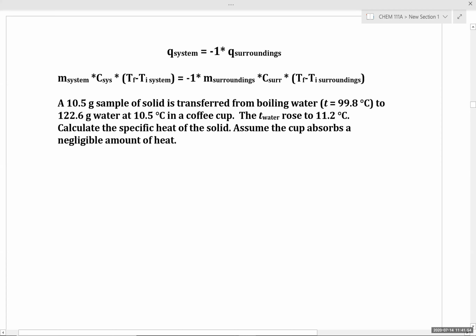If you have any questions, don't be shy to unmute and ask your questions verbally. And we'll discuss this example in about 3 to 4 minutes.